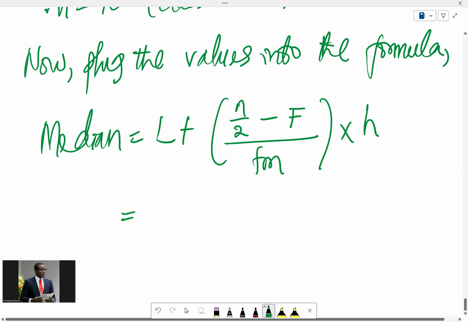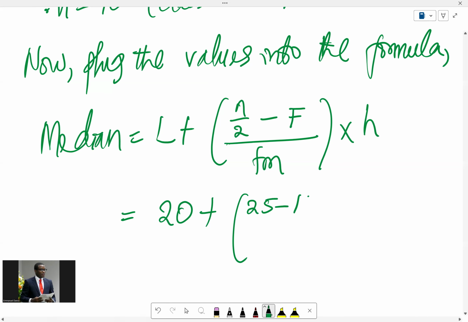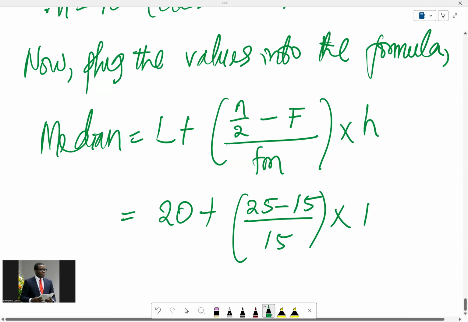So your median is 20, that is the lower boundary of the median class, plus N over 2, which is 25, that is total frequency divided by 2, minus the cumulative frequency before the median class, that's 15. Interestingly, the frequency of the median class is also 15, as you have seen, then multiplied by 10.